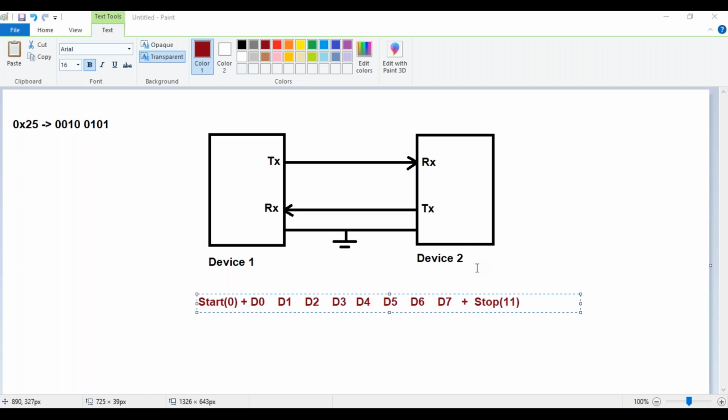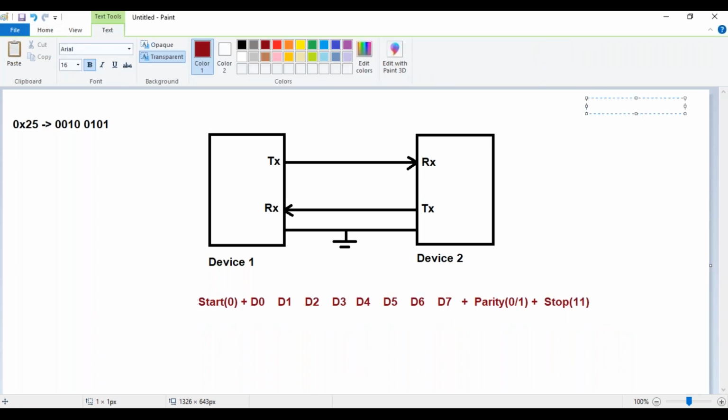So we have something called the parity bit. Before transmitting the stop bit, it transmits a parity bit, which is either a 0 or a 1. So first it transmits a start bit, then 8 data bits, 1 parity bit and a stop bit.